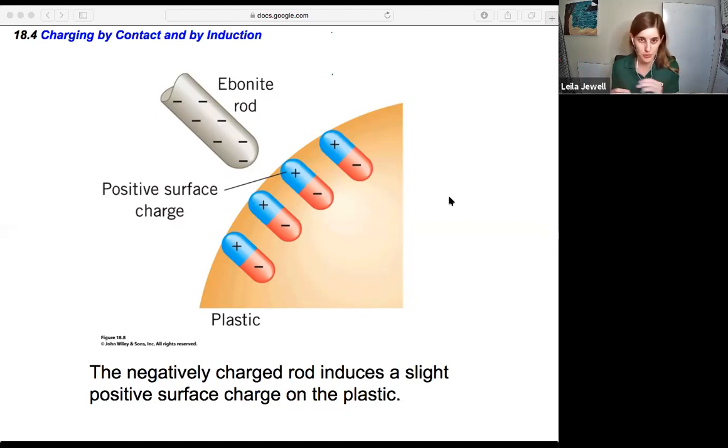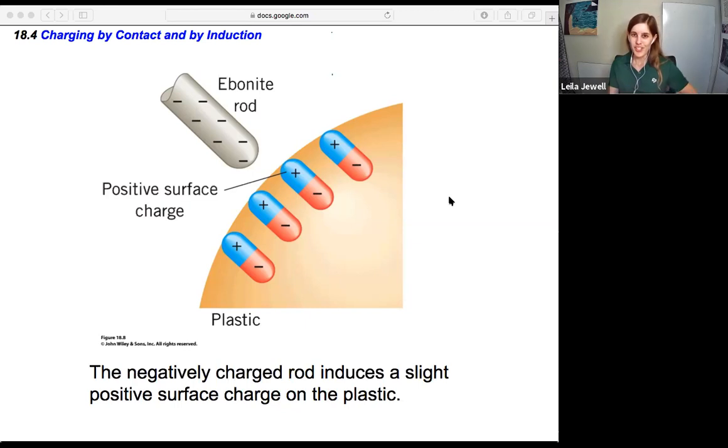So the electrons can't run away to the other side in the same way. But they can still shift slightly away. And this is what happened with the wall in the balloon sweater simulation, where we were able to create a slight charge separation that was enough to create an attractive force there. So this is also an important application where you can have something that is net neutral and not particularly conductive, but still can create some attraction.